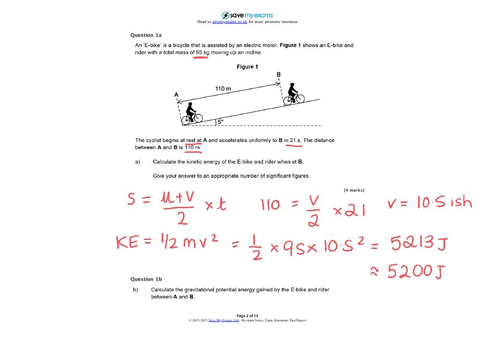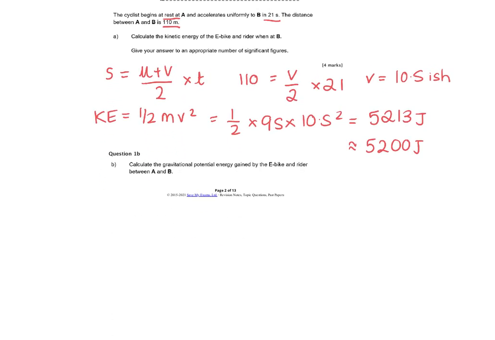Moving on to 1b. Calculate the gravitational potential energy gained by the e-bike and the rider between A and B. We're going to use the gravitational potential energy equation, which is mg times the change in height. To calculate the change in height, we are going to use trigonometry. If you look at the diagram, the angle is 5.